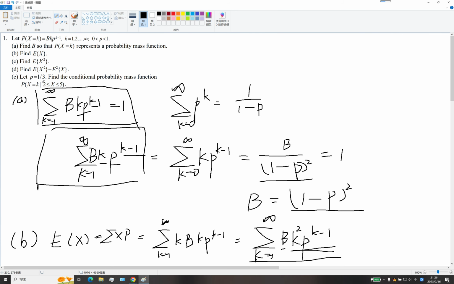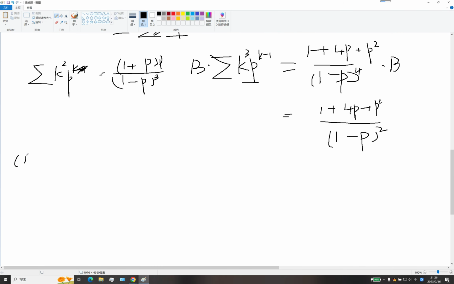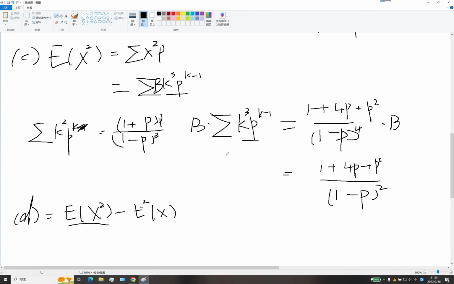And question D: find E[X squared] minus (E[X]) squared. So we already got this. This is this part.